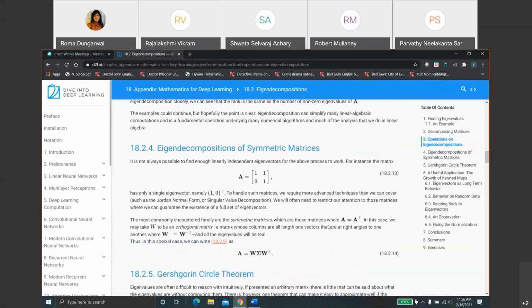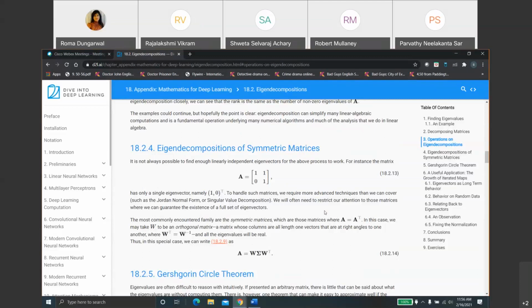Now, next is eigen decomposition for symmetric matrices. I told you earlier when introducing matrices that a symmetric matrix is a matrix where the matrix and its transpose are the same, right? So A and A transpose will be the same. So for such matrices, if you find the eigenvector, take its transpose, and find the inverse of the eigenvector, you will notice that they both are the same.